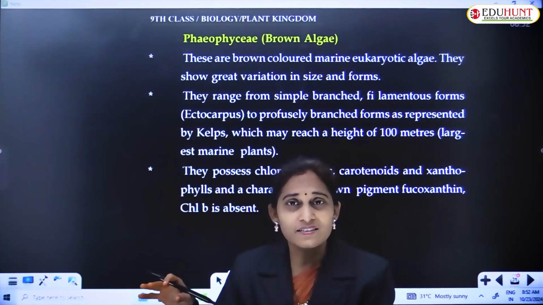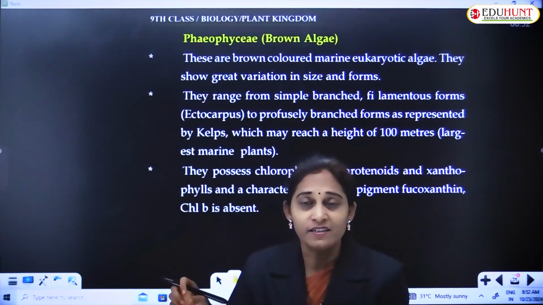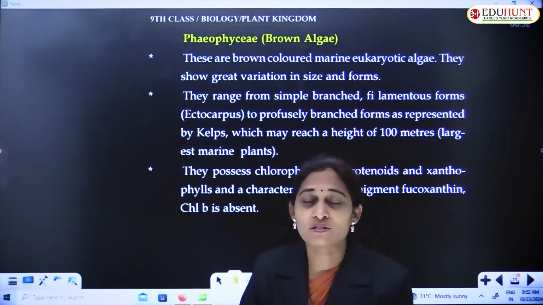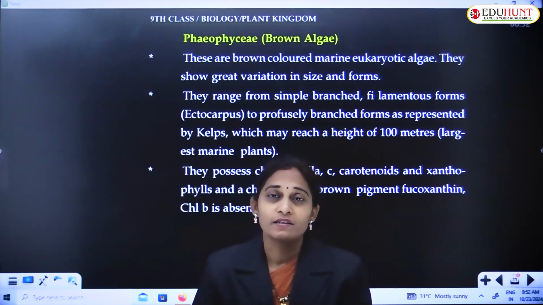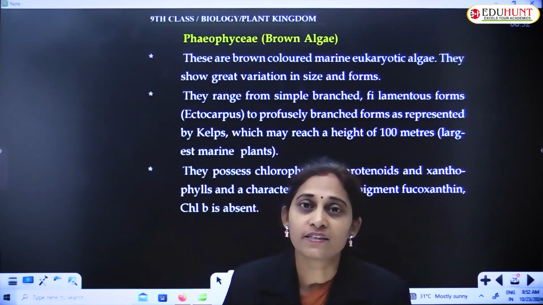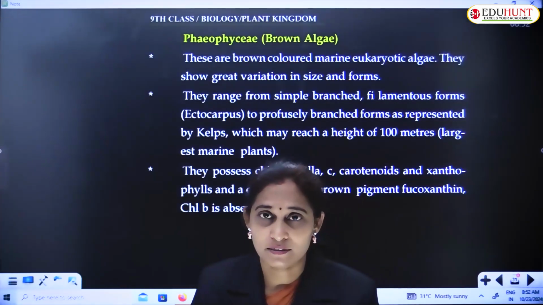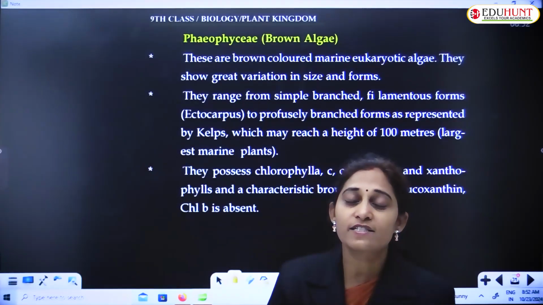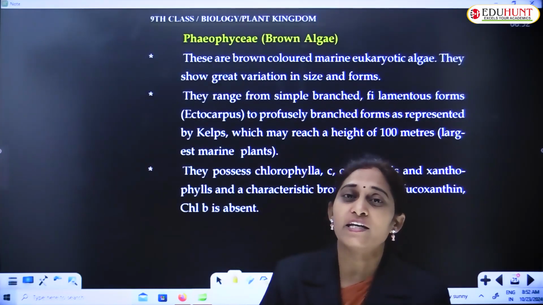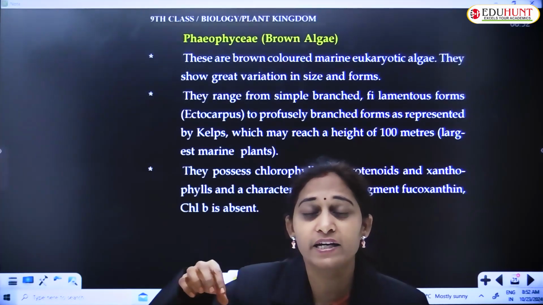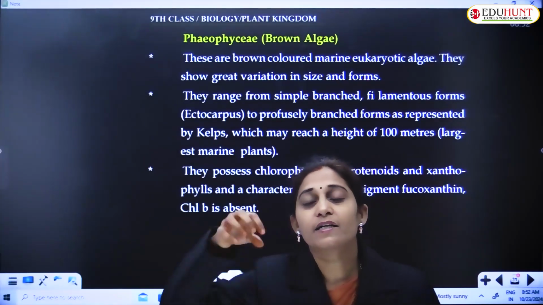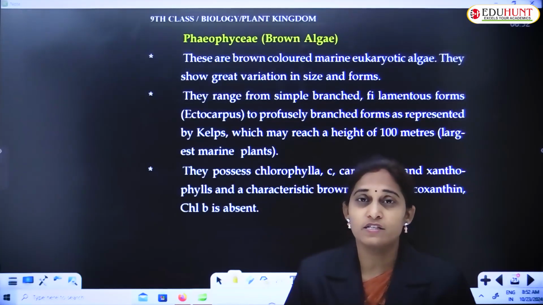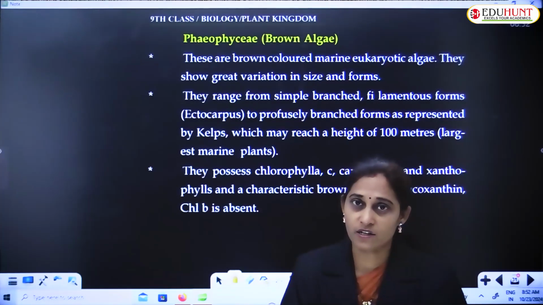Yes, there is a need, because to identify the plant we need to know the position of the plant. We should classify the plant, categorize the plant into groups. Then only we can easily identify it. Systematic position it is called.